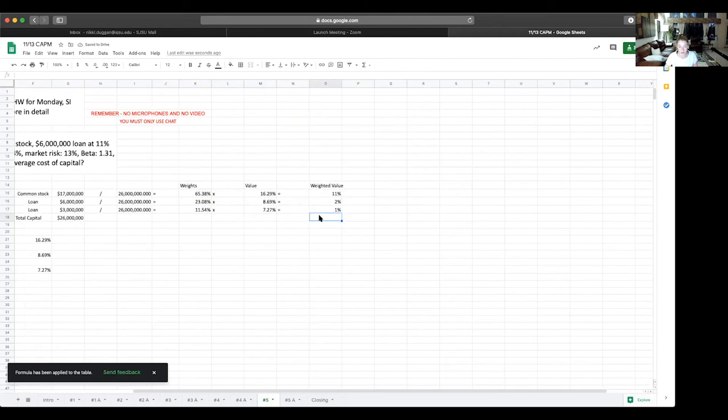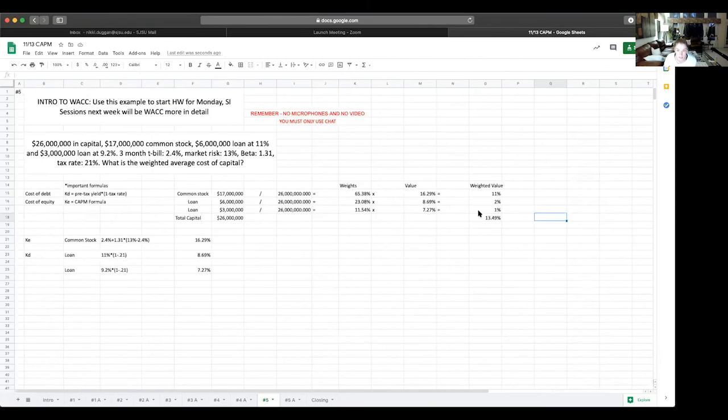And then the final one is just summing them. You should end up with 13.49%, and that is your final answer. That would be your weighted average cost of capital.